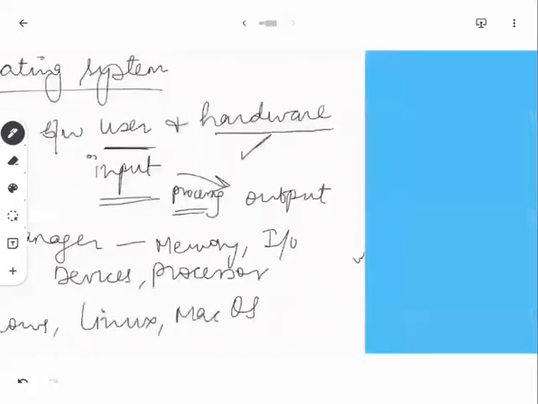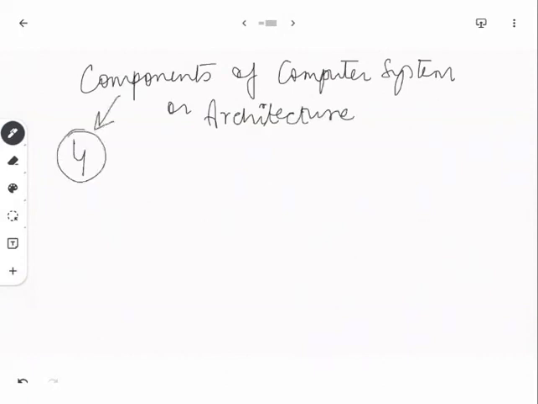If we look at the components or the architecture of any computer system, there are mainly four components. If we see the diagram, the first component at the core level is the hardware, and then we have the operating system.